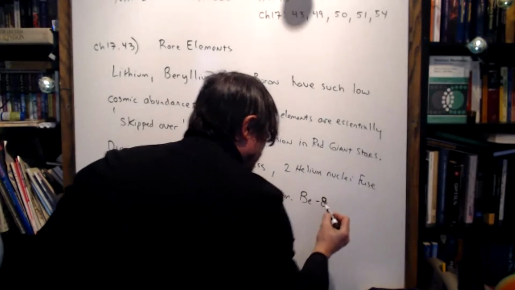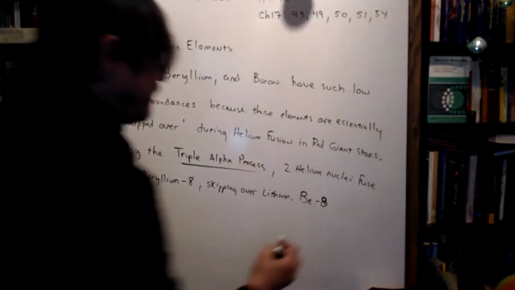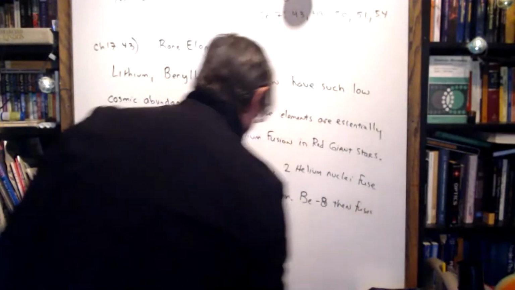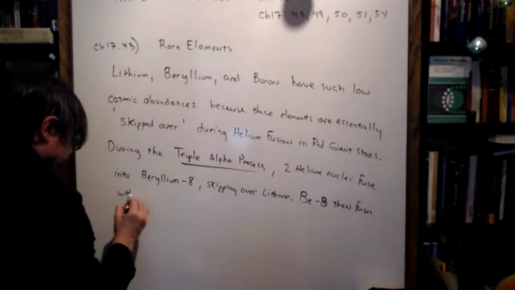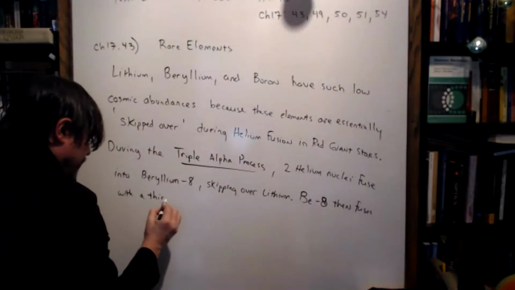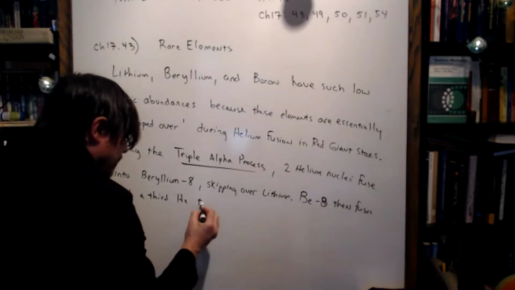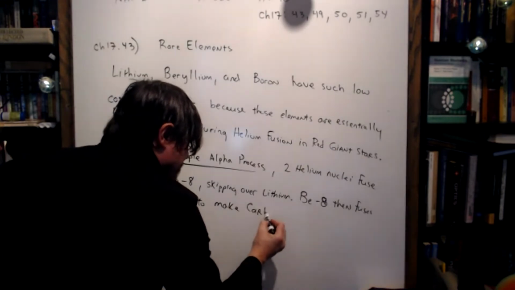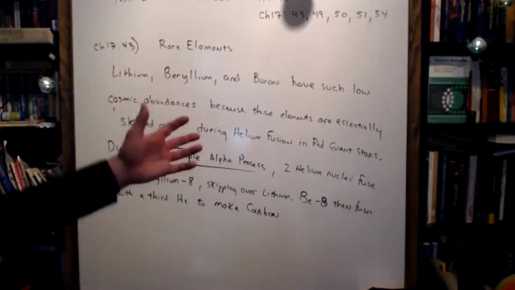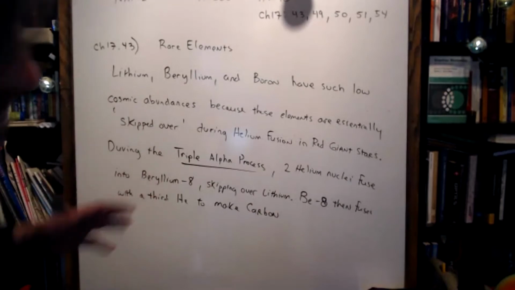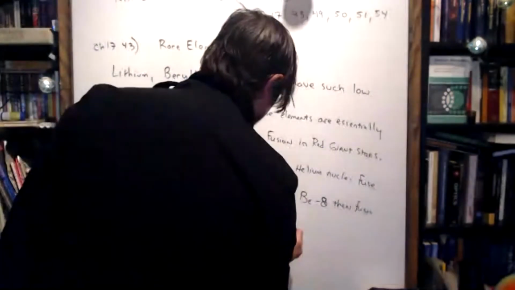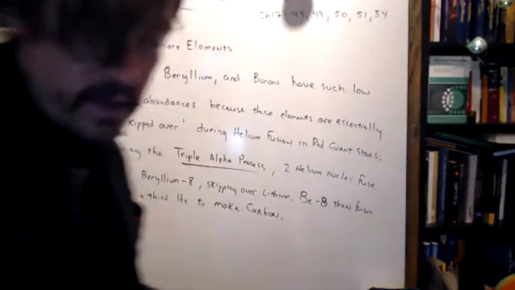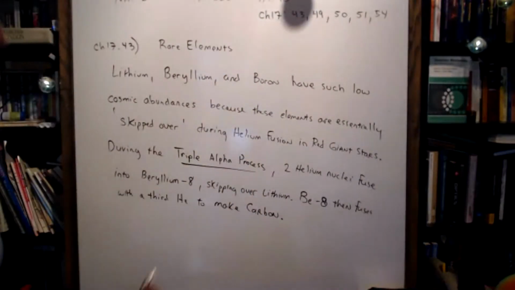Beryllium-8, I'll use the abbreviation for it here. Beryllium-8 then fuses with a third helium to make carbon. And in parentheses, we might say +2 gamma rays, but you know, we'll just leave that part out, I guess. With a third helium to make carbon.